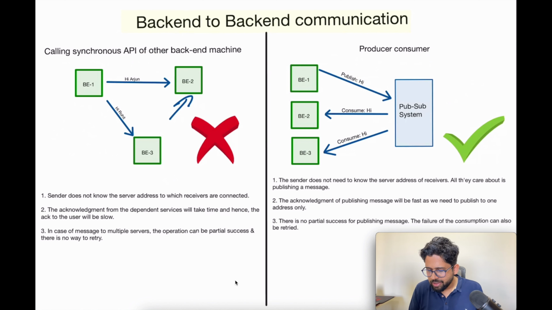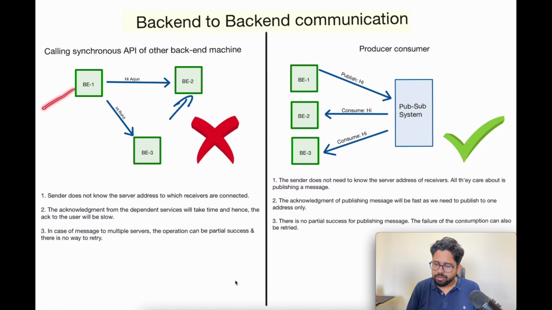The first problem with the synchronous model is that all the backend machines will not know the address of the user where he or she is connected. For example, a user who is connected to backend 3 machine wants to send a message to somebody on backend 2 machine, or let's say Raj wants to send a message to Rahul.